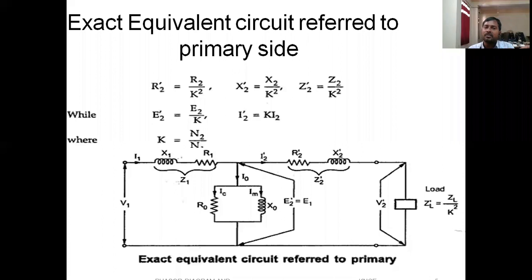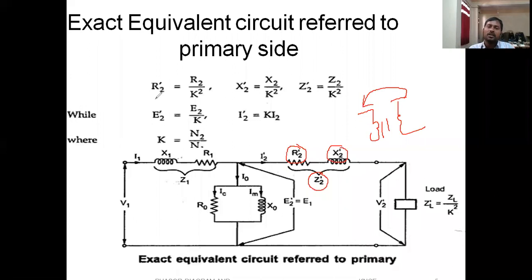If it is the exact equivalent circuit, that is nothing but the exact equivalent circuit referred to primary. So look at these values. Secondary values are changing from secondary to primary. Here there is no core. We are changing the secondary to primary. So R2 becomes R2 dash, X2 becomes X2 dash, Z2 becomes Z2 dash.